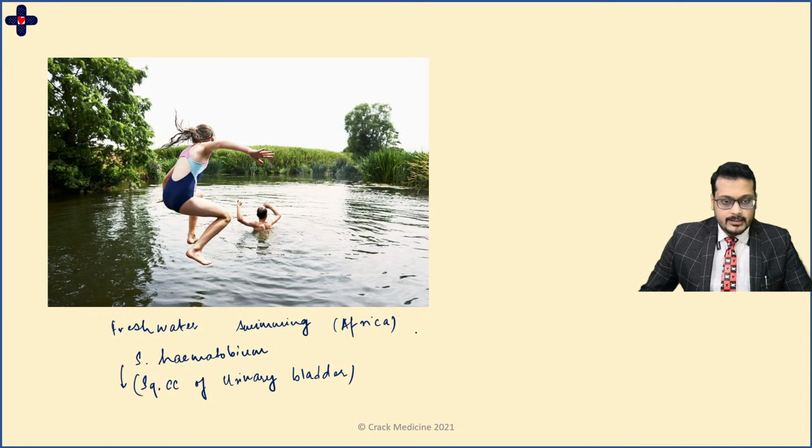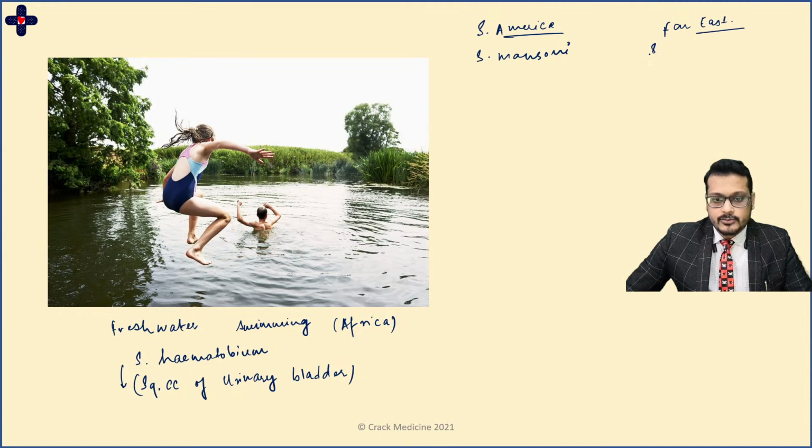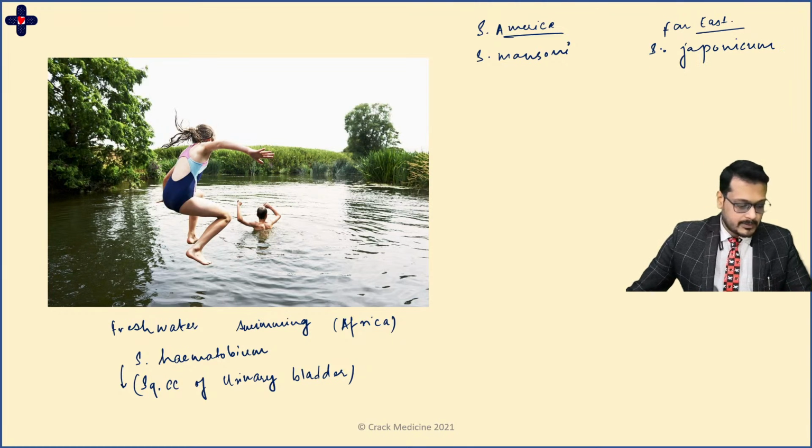While if the question mentioned South America and Far East, the options will change. So for South America, you have Schistosoma mansoni, and for Far East, you have the name of a country, Schistosoma japonicum. Not very difficult to remember.